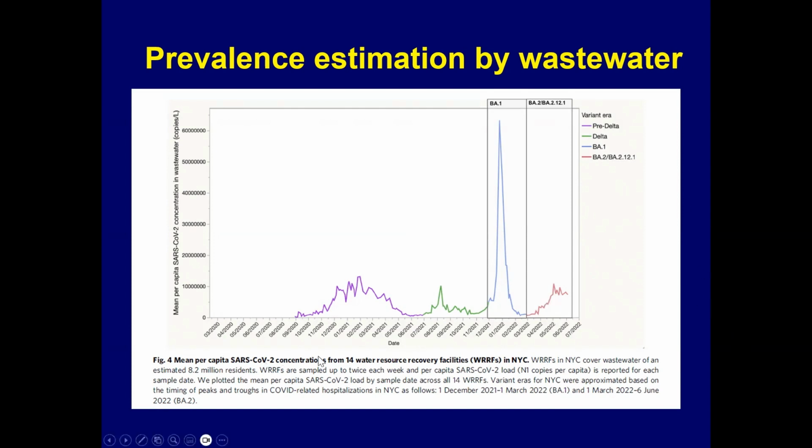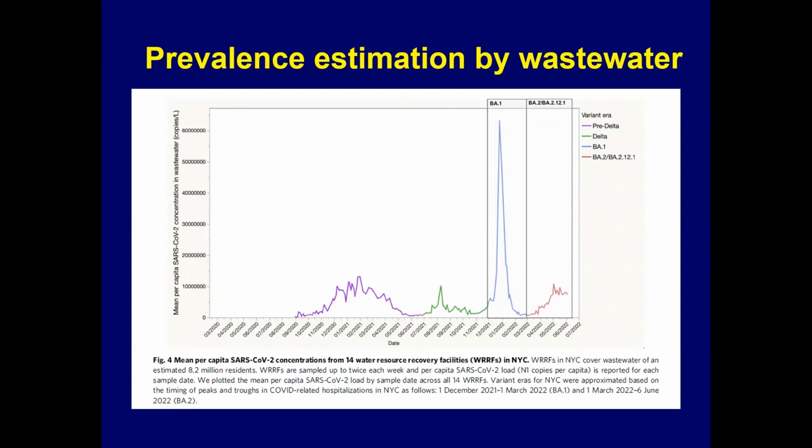The interesting finding is that the mean SARS-CoV-2 concentrations during the study period were modest compared to the BA1 period. However, when you calculate the ratios of SARS-CoV-2 concentrations to the reported SARS-CoV-2 cases, you will find the ratios were much higher than the BA1 surge.